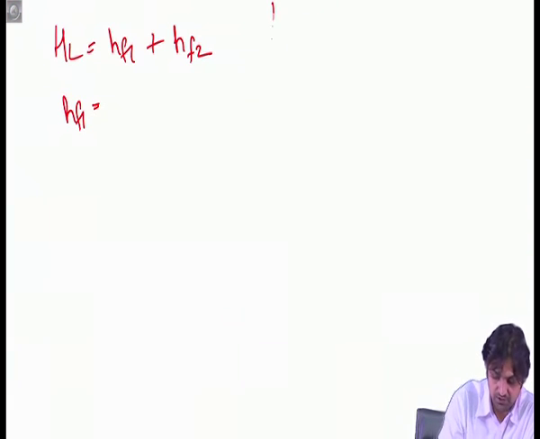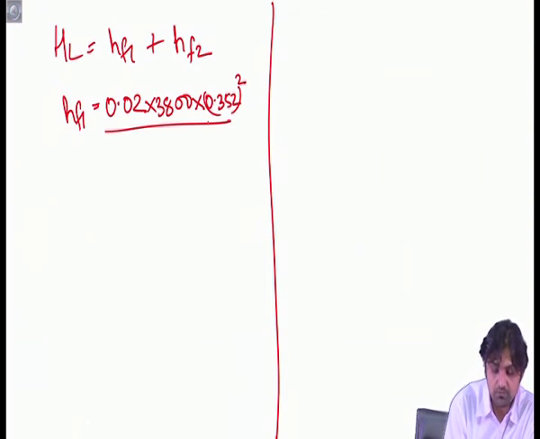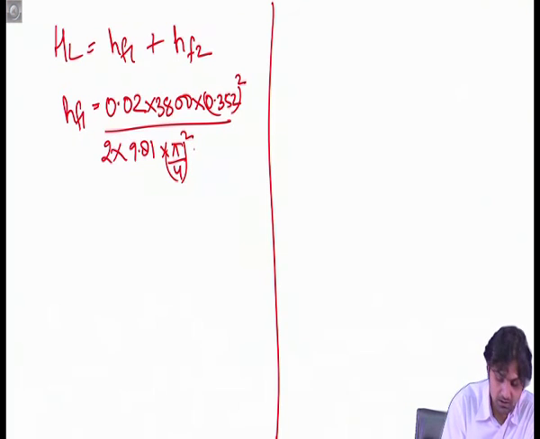It's the major loss, and that is going to be 0.02, that is already given, into the length 3800 into 0.352 whole square, because that is the discharge, over 2 into 9.81 into (pi by 4) whole square into 0.6 to the power 5, and this comes on calculation as 10 meter.